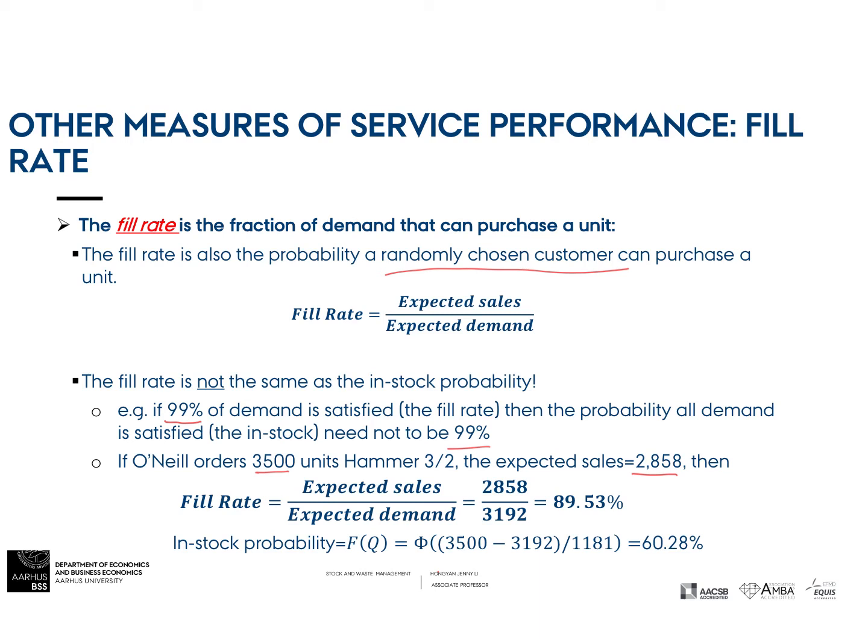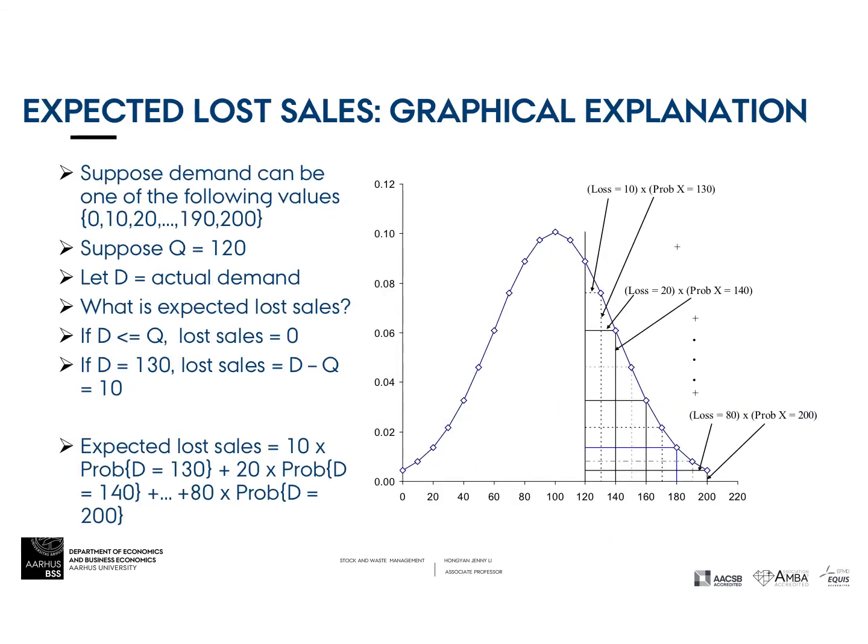Then your fill rate is about 89.53%, and your in-stock probability is only 60.28%. So they are quite different values. It's up to you whether you would like to use fill rate or in-stock probability to make decisions.